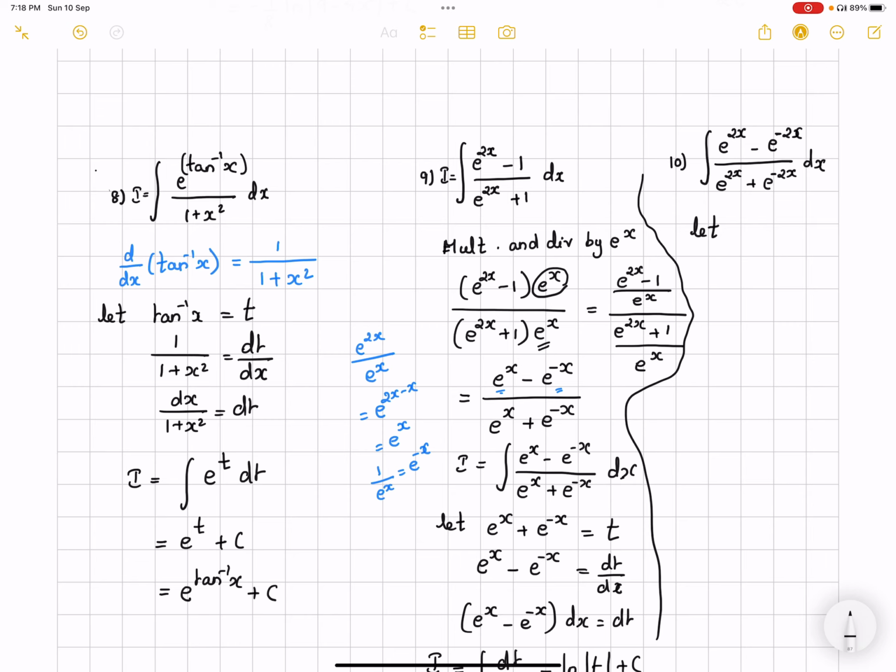If you consider that as equal to t, then what would you be getting? When you differentiate, you would be getting 2 into e to the power 2x, and then minus of minus becomes plus e to the power minus 2x dx. Right? So even that works. Whichever you want to do, you can consider.